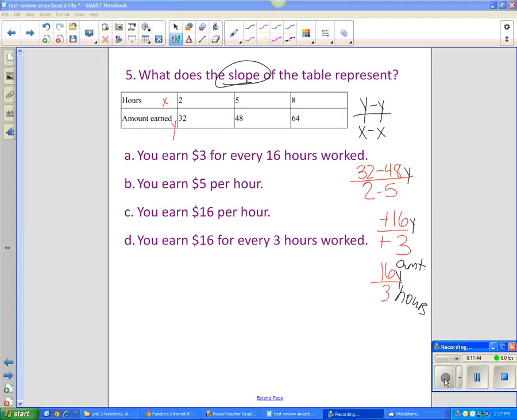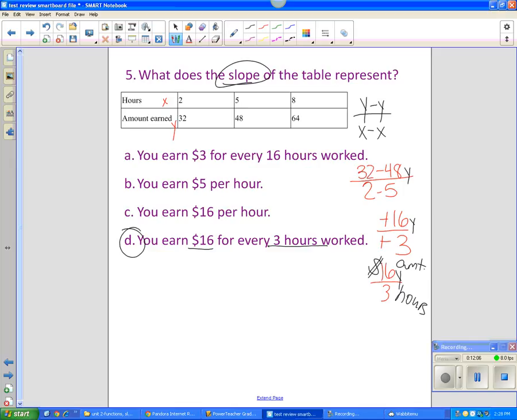Amount is measured in what? You can say the answer when I ask you the question. What's amount measured in? Which is what? Money. All right, so $16 and 3 hours. So $16 every 3 hours.